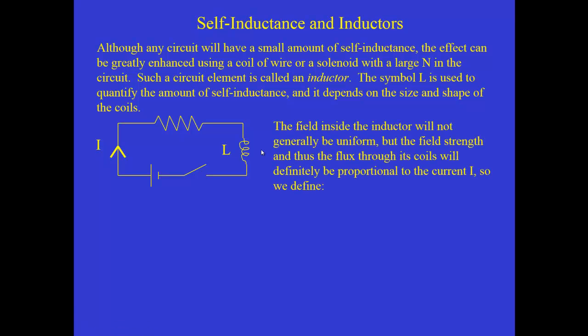The field inside the inductor won't be a uniform field, not generally speaking anyway. For a solenoid it might be close to uniform, but even at the ends of the solenoid the magnetic field strength changes. But what we can say for sure is that the field strength is proportional to the current, and the flux through the coils will therefore be proportional to the current.